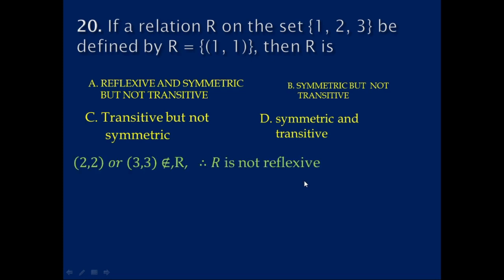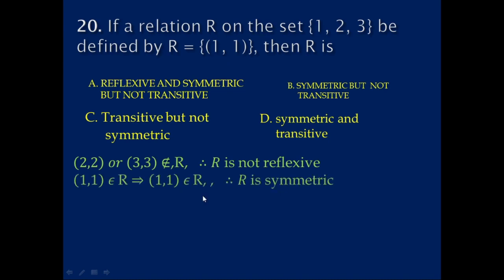Verifying reflexive, symmetric and transitive, directly you can say that 2 belongs to A and 3 belongs to A, but (2, 2) and (3, 3) do not belong to R. Therefore, R is not reflexive. Therefore, the first option is not true. It's clear? The next. Here you know that (1, 1) belongs to R.